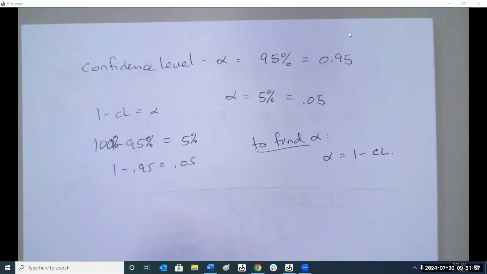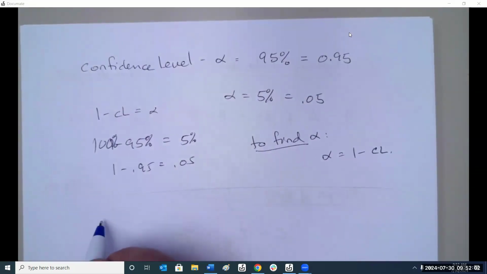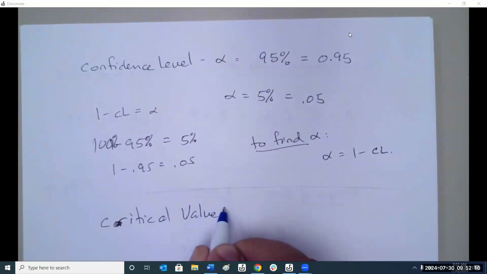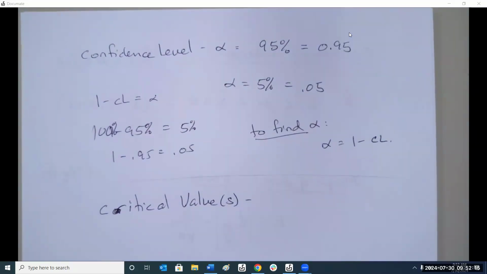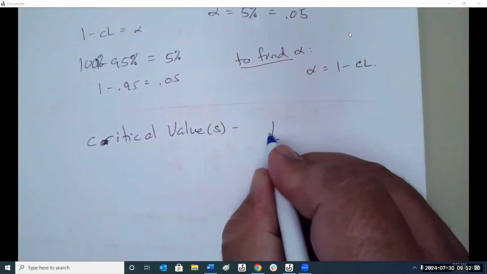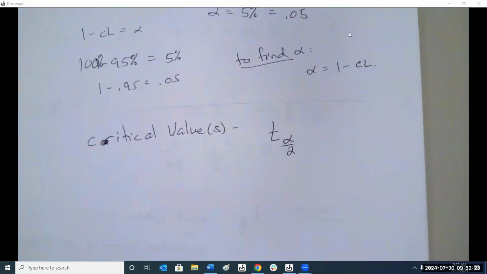There are endpoints where we define where the tails start, which is our critical value, or values. How do we find our critical values? Since our formula says it's t alpha over 2, that's what we'll use. And remember, as yesterday, we'll always look on the right-hand side.